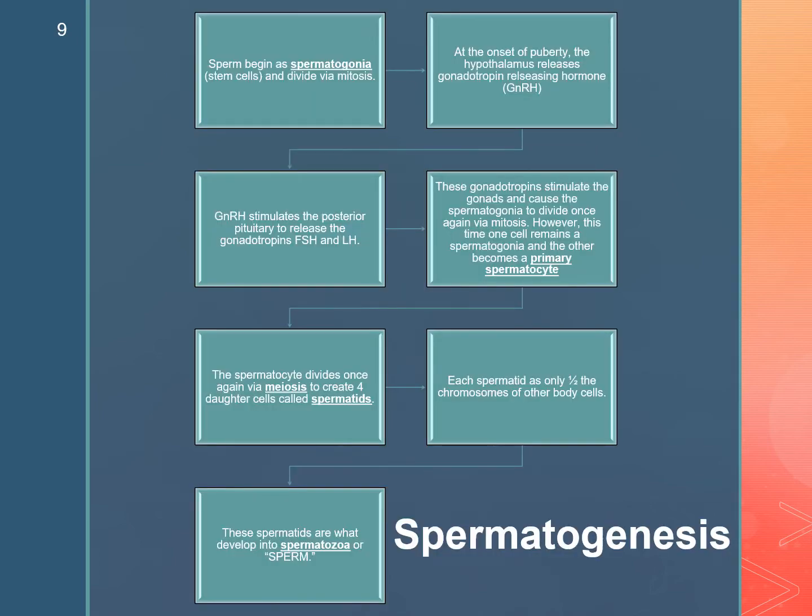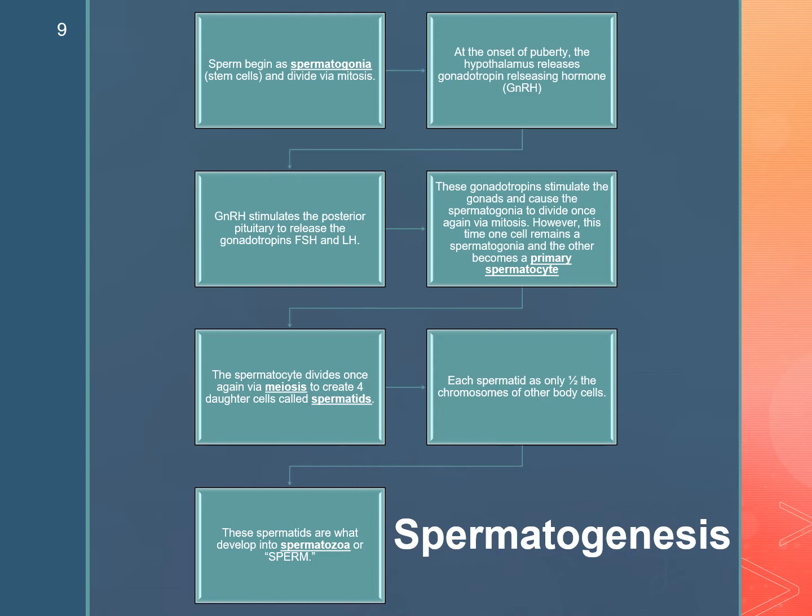The main function of the testes is to perform something called spermatogenesis, and this means the making of those sperm cells. All right, so I created this chart to hopefully simplify the steps for you. Now, during the development of the male fetus, stem cells differentiate into spermatogonia, right?